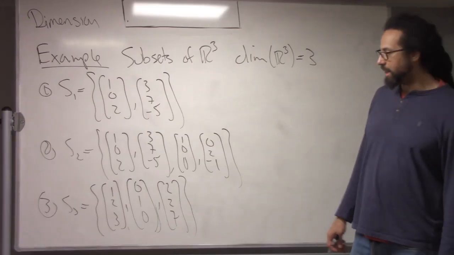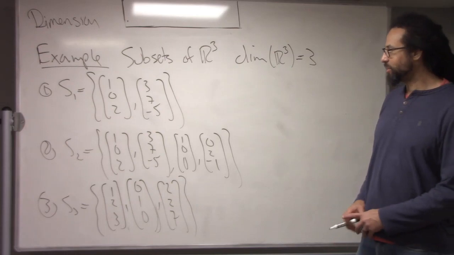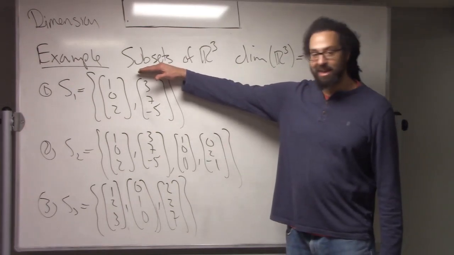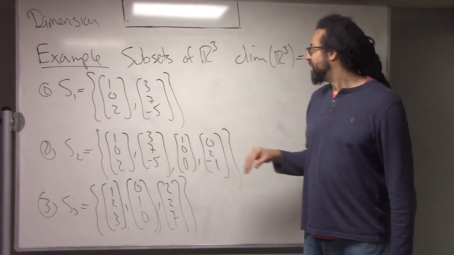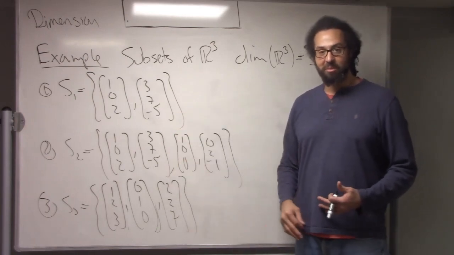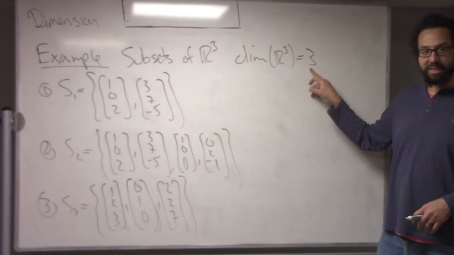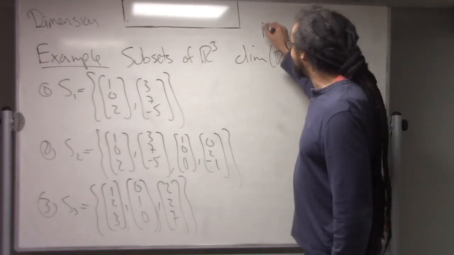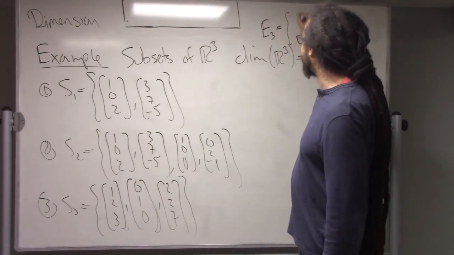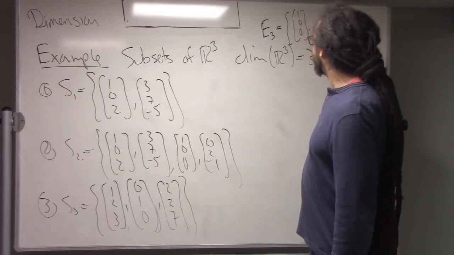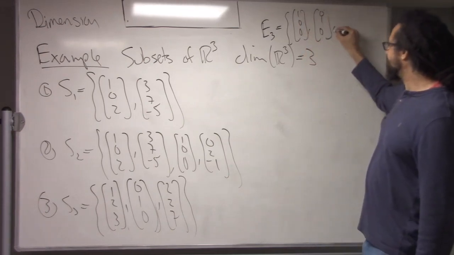All right, so we've seen some examples like this one before. Let's look at some subsets of R3. Which one of these subsets will make a basis? So we know the dimension of R3 is 3, and the reason we know that is because of the existence of this standard basis. We know this thing is a basis, we checked it.